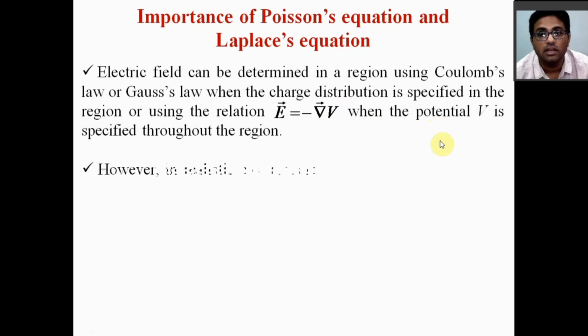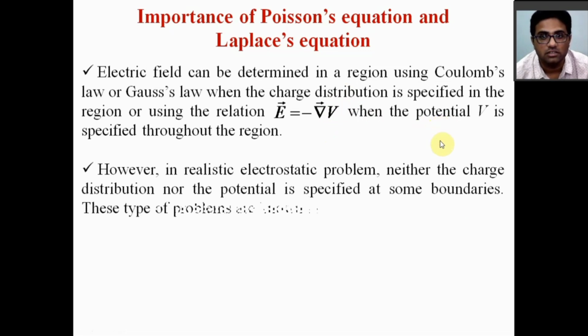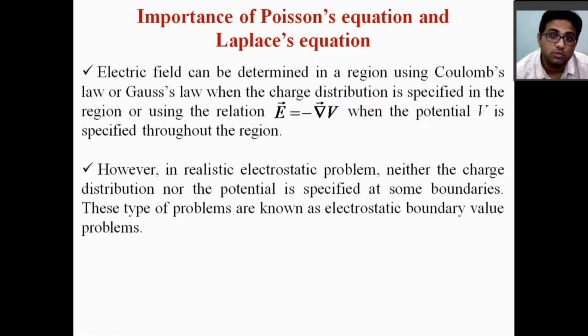But in practical problems in electrostatics, neither the charge distribution nor the potential is specified at some boundaries separating two mediums. These types of problems are known as electrostatic boundary value problems.